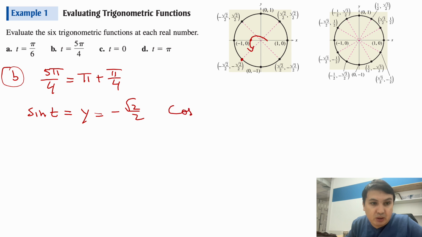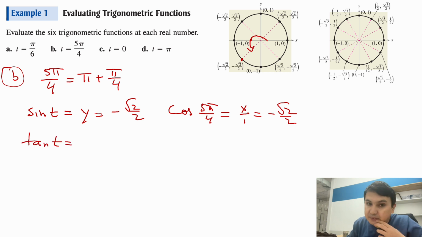Cosine of 5 pi over 4, whatever you call it, is also minus, it's x. It's minus square root of 2 over 2. Now, tangent of t, this is y divided by x, so this is 1. Well, cotangent is also 1.